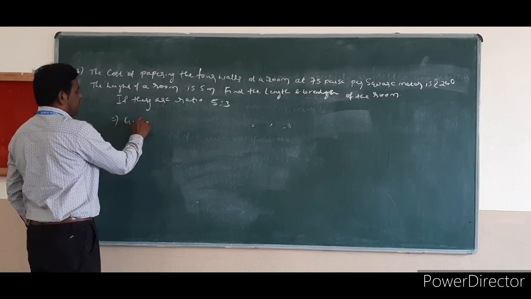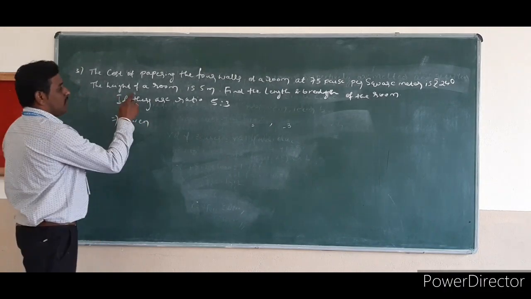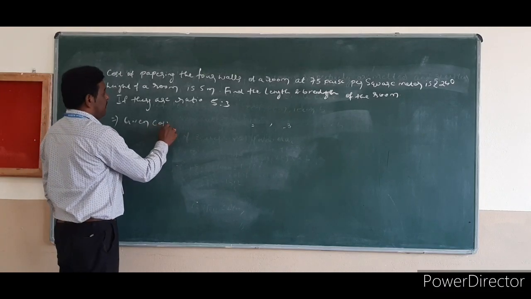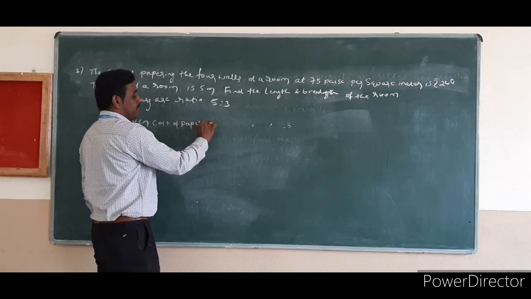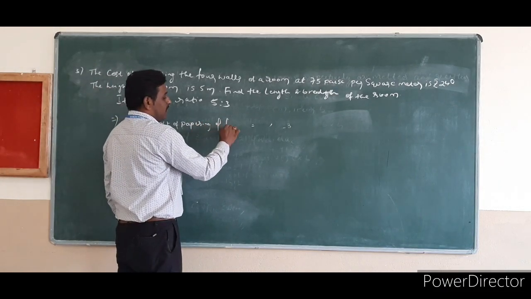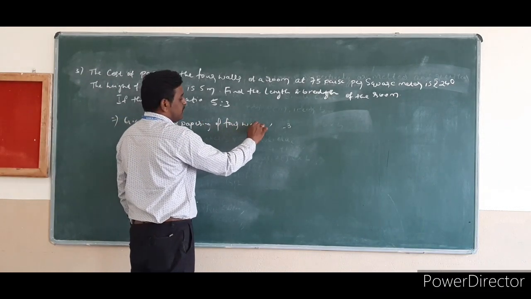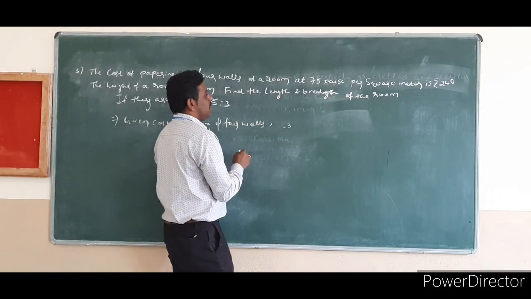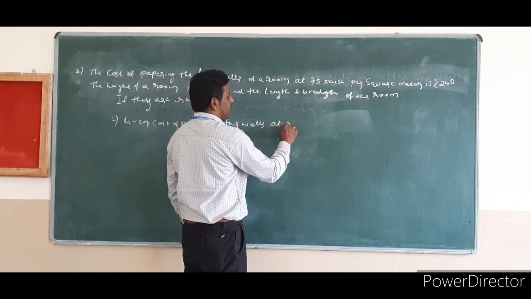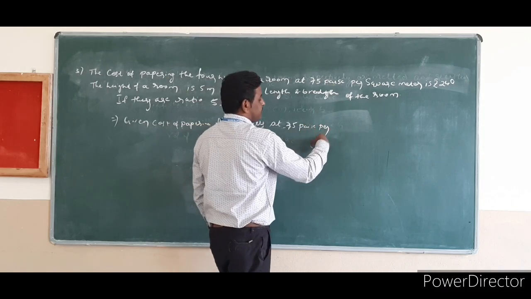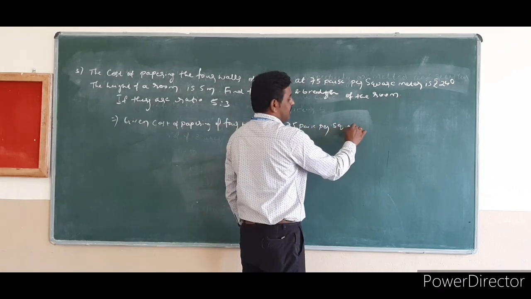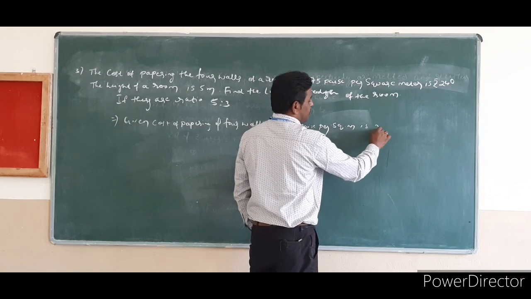The cost of papering the four walls at 75 paise per square meter is 240.